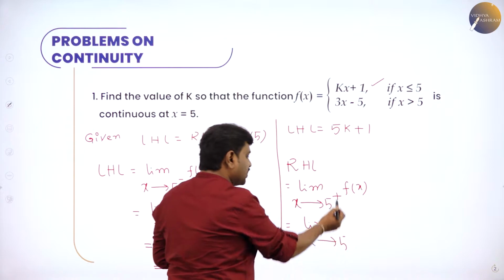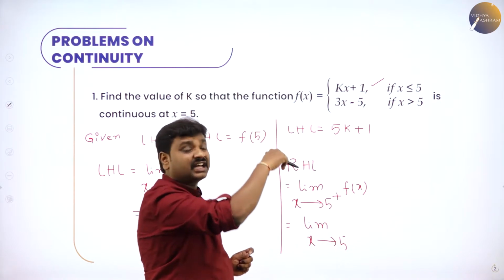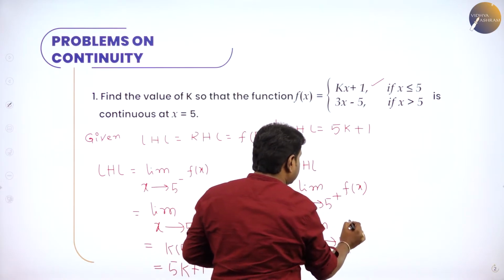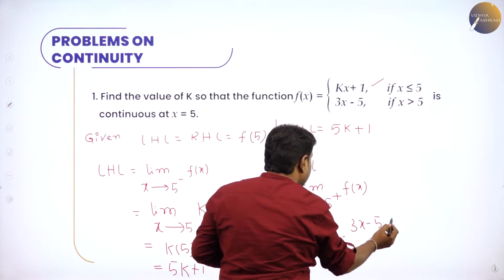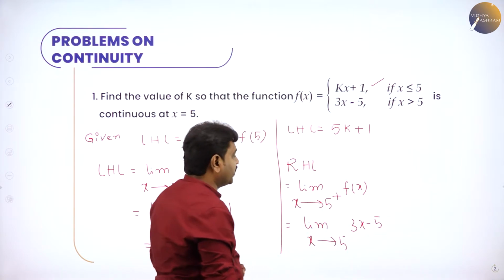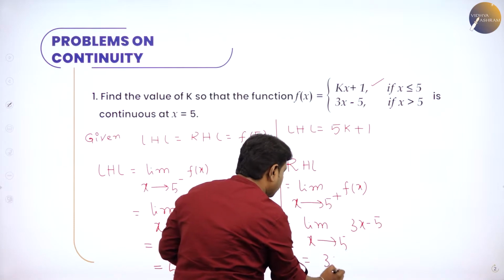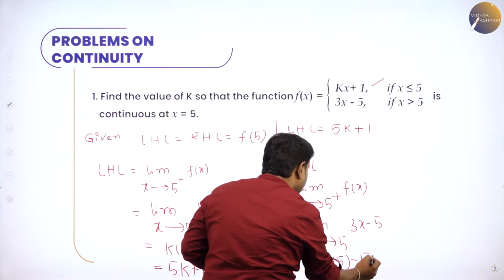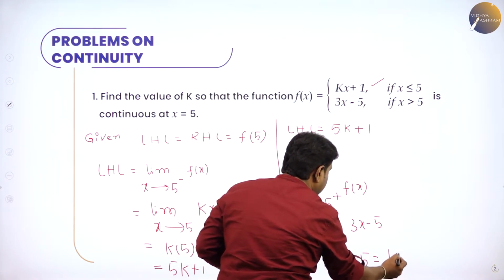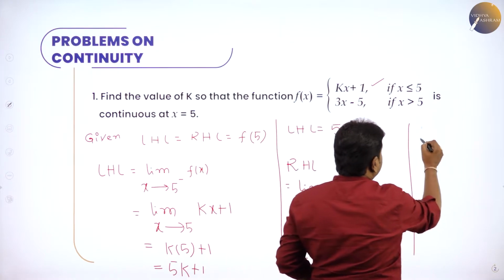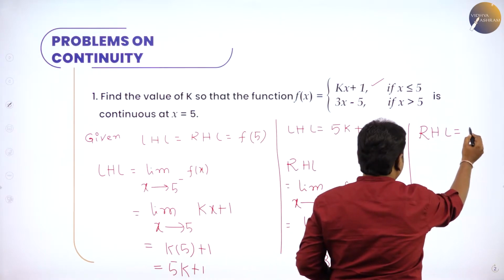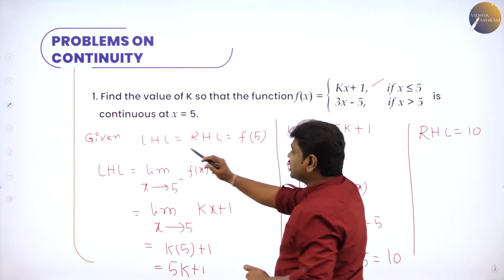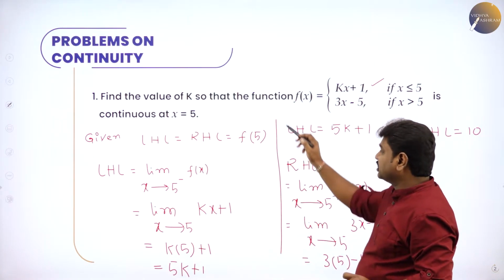Plus means choose the function when x is greater than 5. When x is greater than 5, the function is 3x minus 5. Now x tends to 5 means in the place of x put 5. It will become 3 into 5 minus 5. That is 15 minus 5, it is 10. So now you got RHL. What RHL value did you get? RHL is 10.